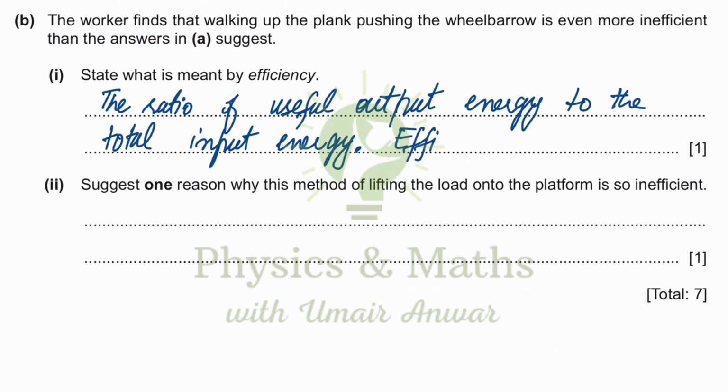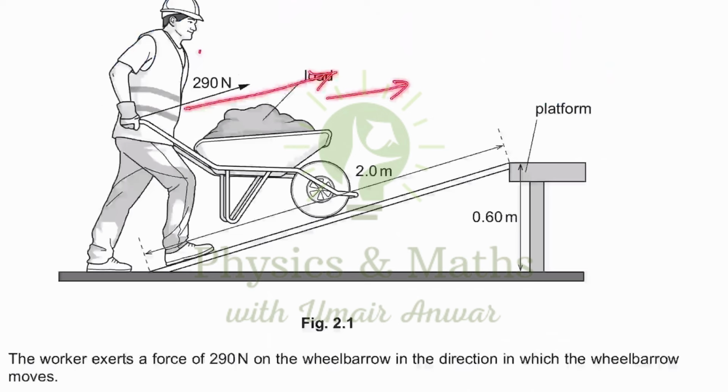Suggest one reason why this method of lifting the load onto the platform is so inefficient. So one of the reasons is that the main purpose is to lift this load, and when the load is being carried in a wheelbarrow, such a massive wheelbarrow, then the wheelbarrow would also need to be lifted over the plank.